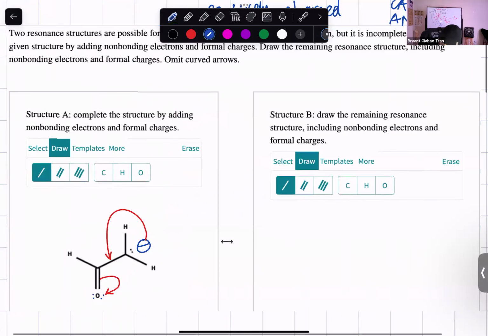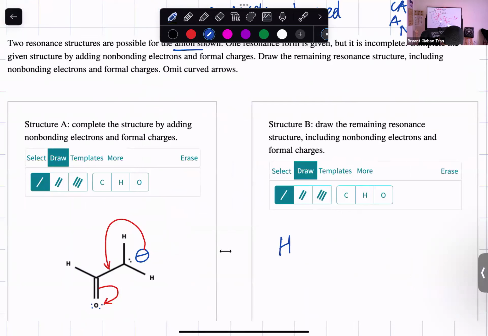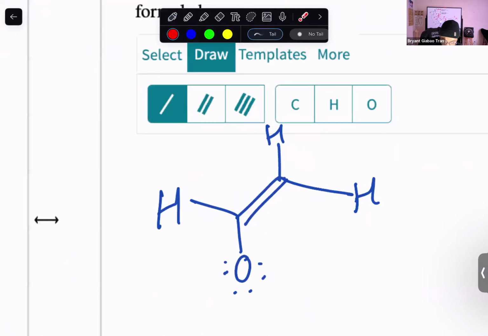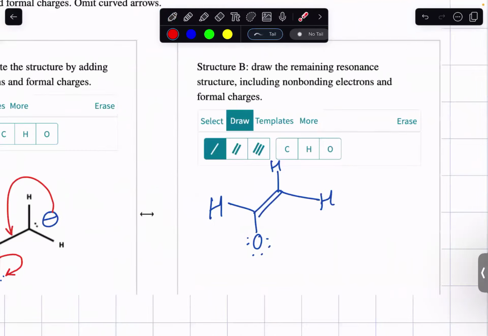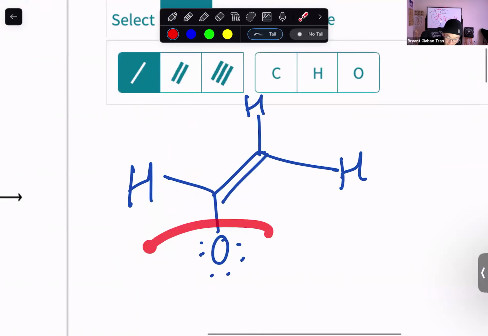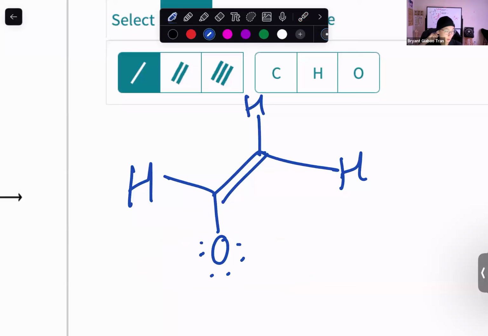So when I draw that out, it should look like this. 1, 2, 3 pairs of electrons, double bond right here, no more lone pair on this carbon. Does this make sense so far on how I drew this structure? Yes. Now, what would be the formal charge of this oxygen here?